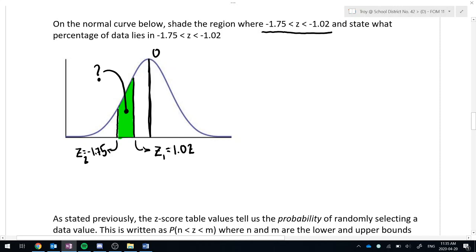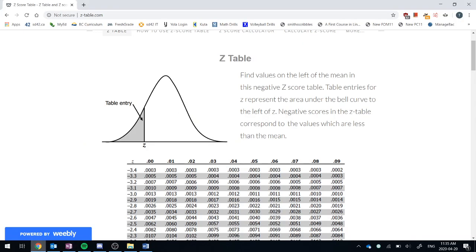So, oops, that should be negative 1.02. Okay, so this will be from the table for z-score 1, and notice how I'm not writing equals, I'm just going to be writing down the percentage of the area. So z1 is negative 1.02, so we'll go and write z-score here.